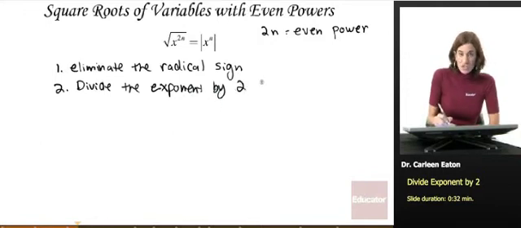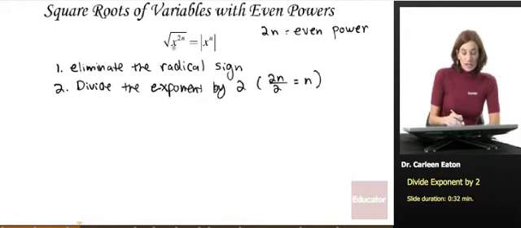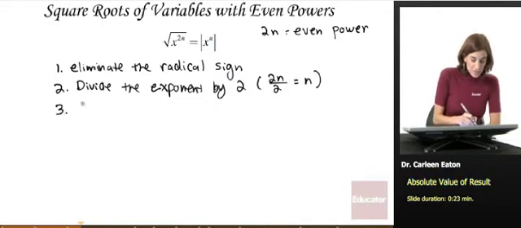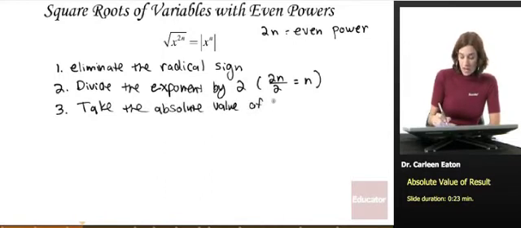So if I had 2n and I divide it by 2, I'm going to end up with n. So I have this expression, radical x to the 2n, and I got rid of the radical sign. Then I divided 2n by 2 to give me x to the n power. The last thing I have to do is take the absolute value of the result.